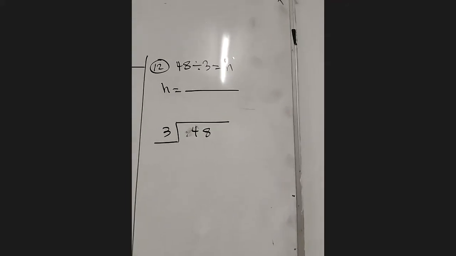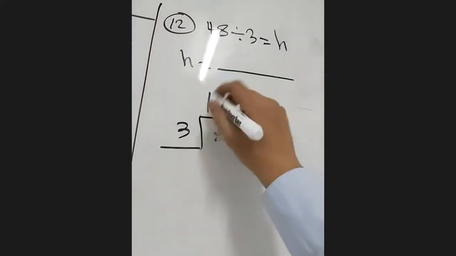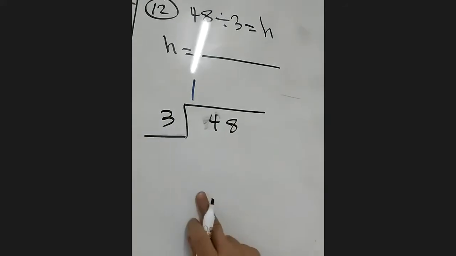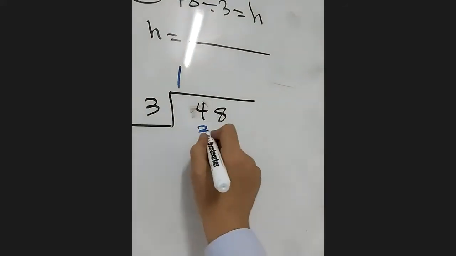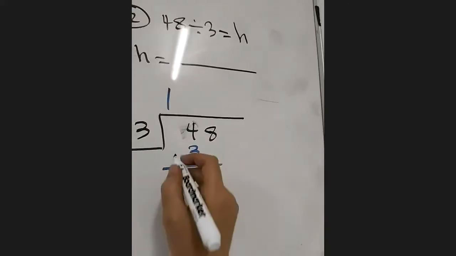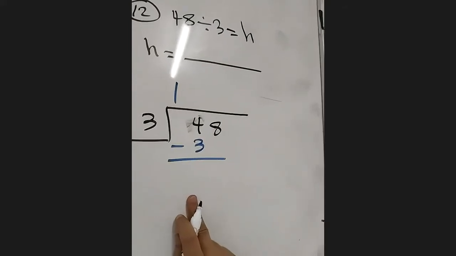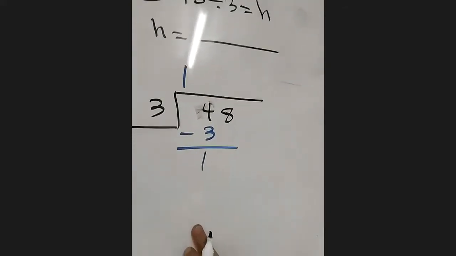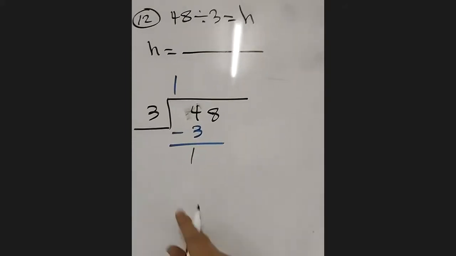Write 3 by 1 equals 3. So up 1. 1 times 3 is 3. Then minus, 4 minus 3. How much? 1. Then take 8 down. It will be what?